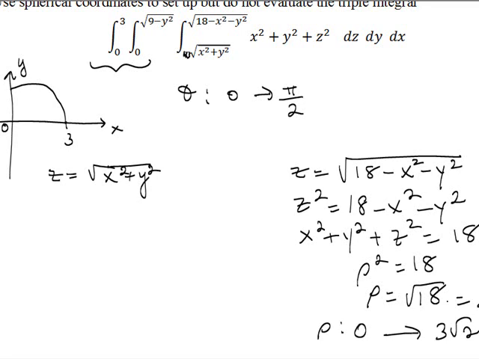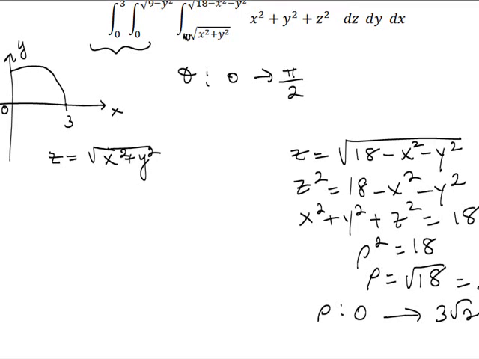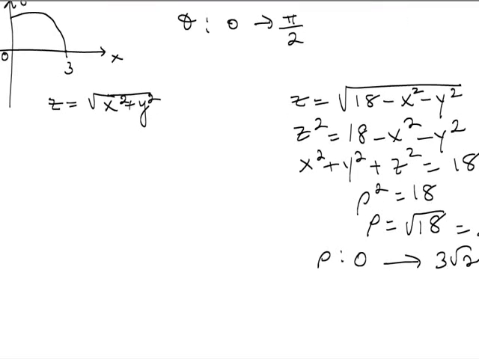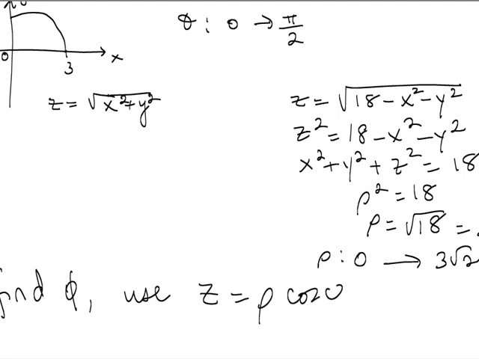Good. We have our rho, we have our theta, we need to find our phi. That is where you need to really concentrate. To find phi, you need to use that last formula that I gave you. Use the fact that z is rho cosine phi.